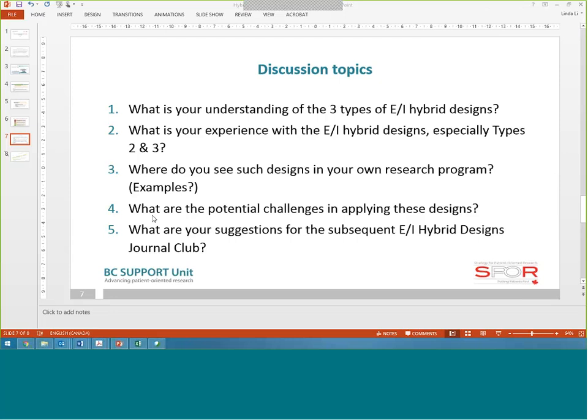A type 2, if you do a step wedge, the whole idea is that you have multiple implementation interventions that you want to test. The examples I've been reading are around, let's say, two different dosages of exercise that you want to prescribe for people with arthritis, and you want to see whether clinicians will prescribe those exercises.